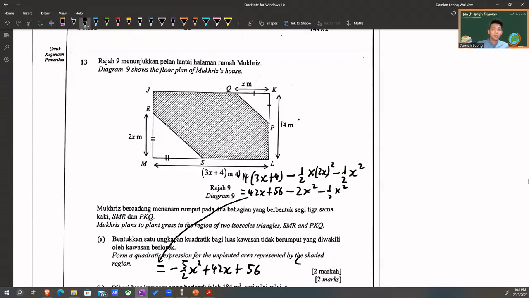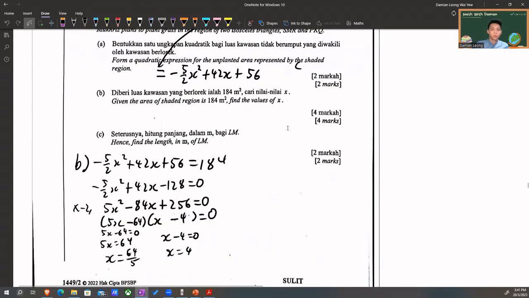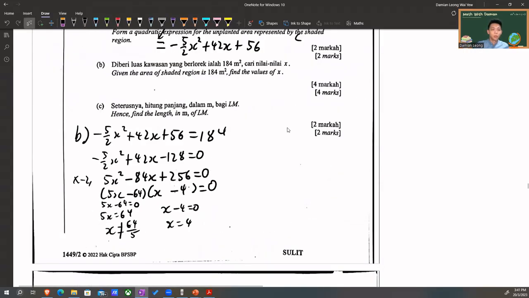There's no way here can be longer than this. So this is not possible. Rejected. Because 2x is less than 14, x is less than 7. So there's no way it can be so big. So the x value must be 4.